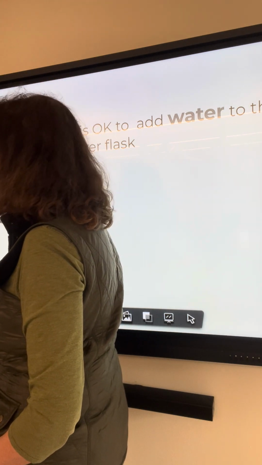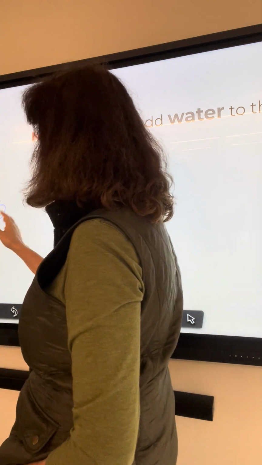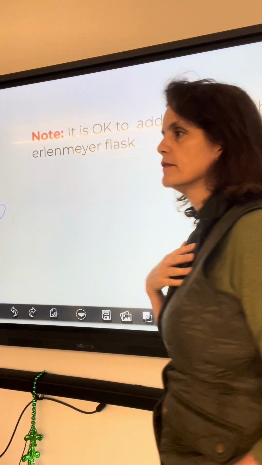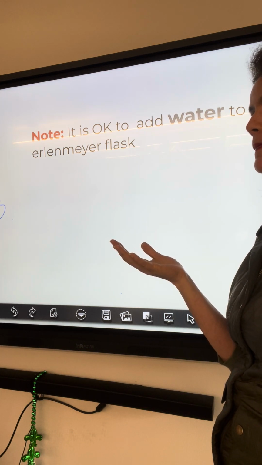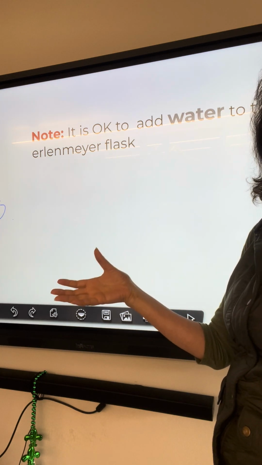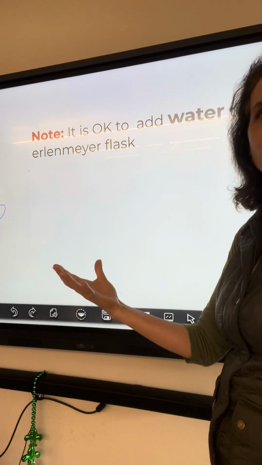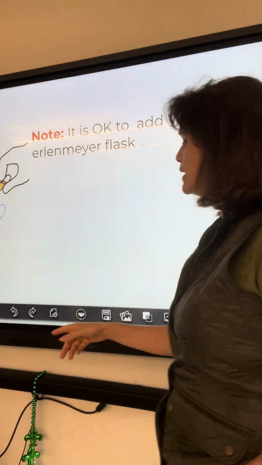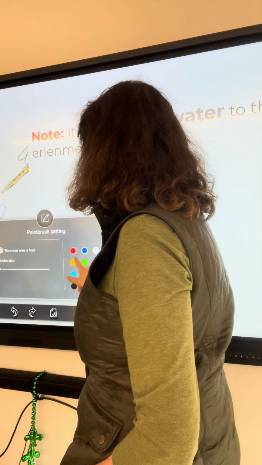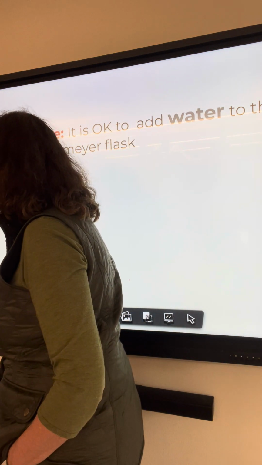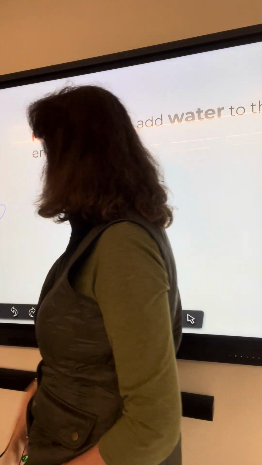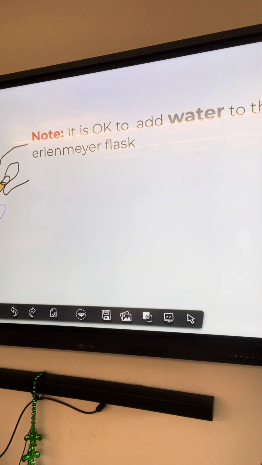And are you going to change the concentration of your analyte by adding water? Yes, you're going to dilute it, right? Everybody okay with that? If you have something with a certain concentration and you add water, it's going to get diluted. However, if you had in the analyte 5 moles of acid and you add water, are you changing the number of moles?